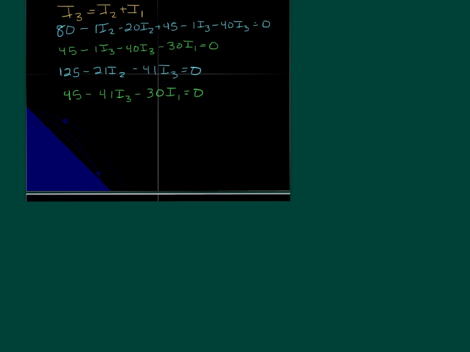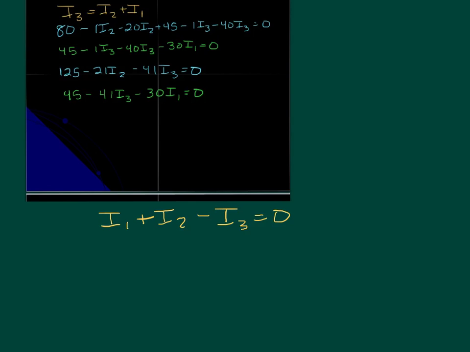So, rearranging these so that we have I1, I2, and I3 all on one side and the numbers on the other side, the first equation becomes I1 plus I2 minus I3 equals 0.